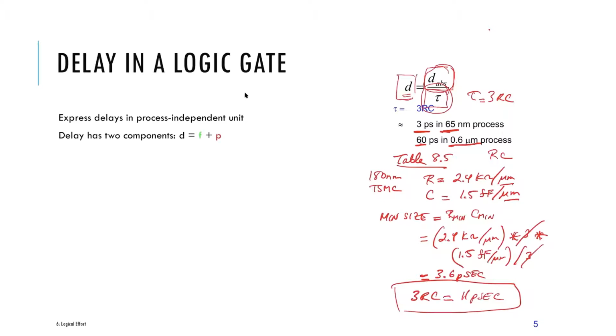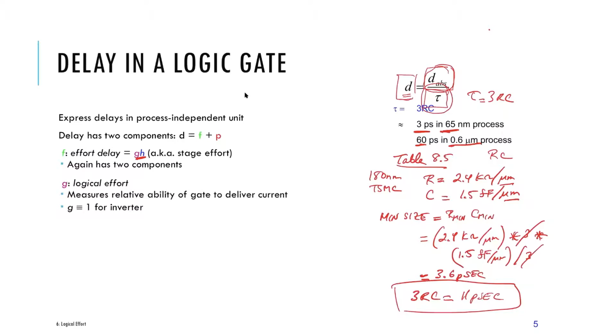Everything's given in that form, and the delay for each gate is given as two components, F and P. F is called the effort delay. Not quite sure why. This effort delay means how much effort this gate has to do to drive an output. It has two components.